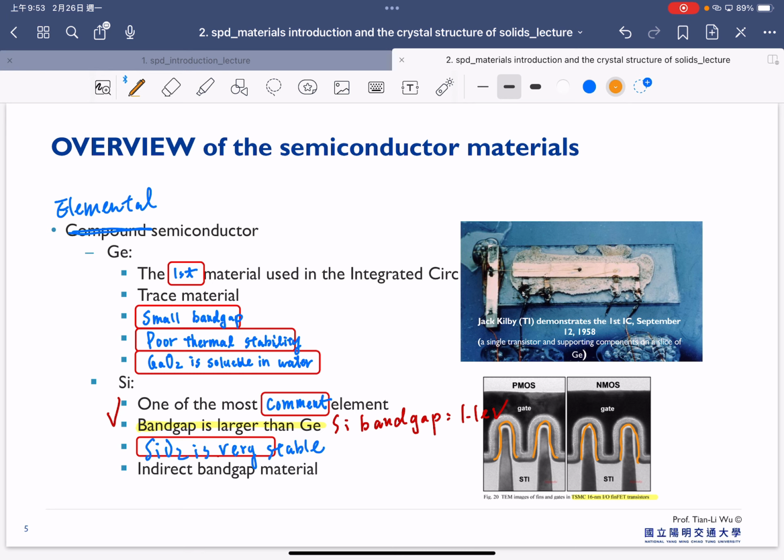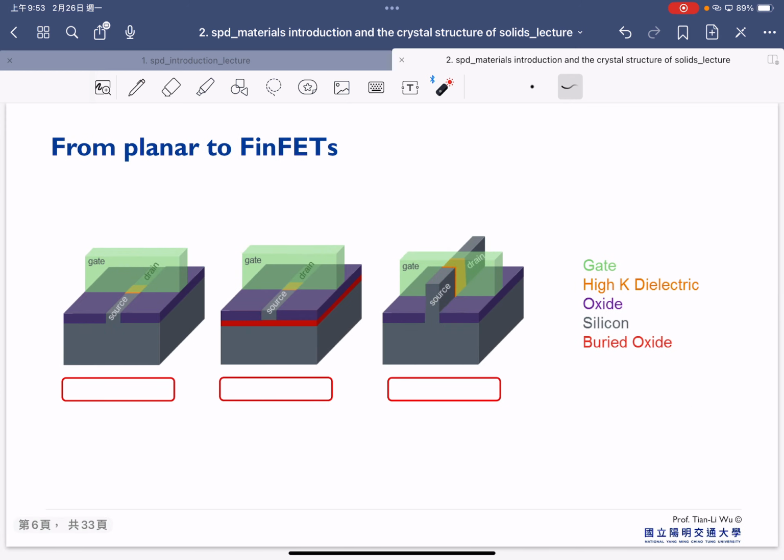And since we're starting from the materials here, later on it's also important to understand how the device evolved. Here we have shown a FinFET structure, and the evolution trend can be seen from here.